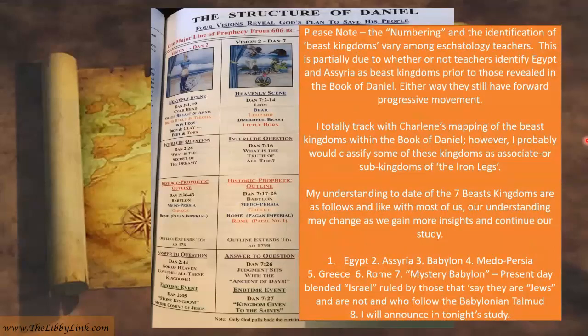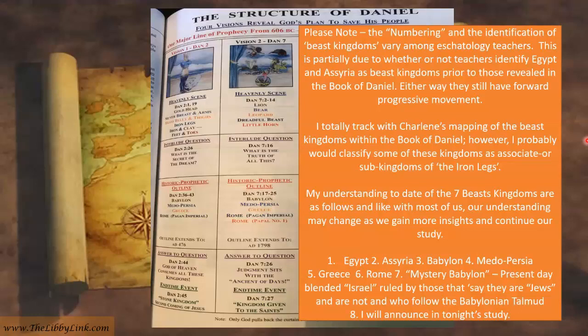The numbering and the identification of beast kingdoms vary among eschatology teachers. This is partially due to whether or not teachers identify Egypt and Assyria as beast kingdoms prior to those revealed in the book of Daniel. Either way, they still have a forward progressive movement.